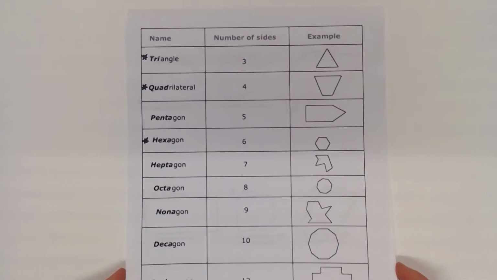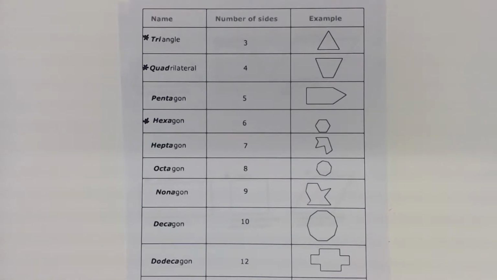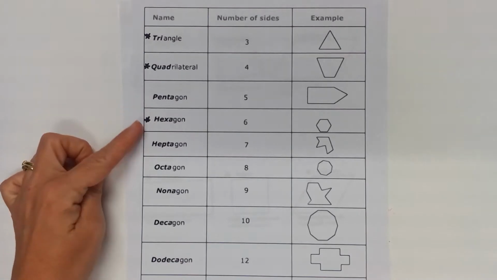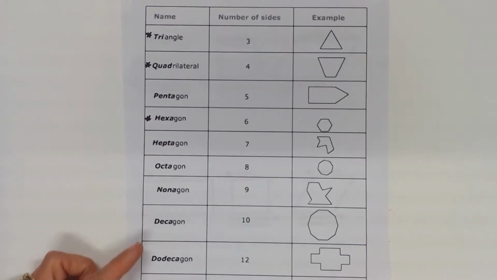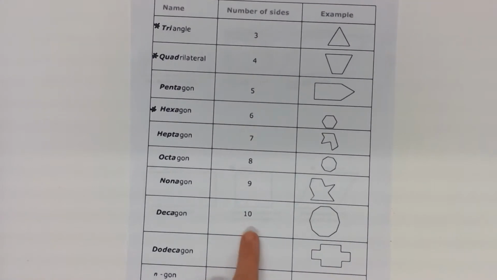In second grade, they learn all shapes that are 12 sides or less that are polygons. This is a really brief chart that shows you all the shapes that they're going to need to know: triangle, quadrilateral, pentagon, hexagon, heptagon, octagon, nonagon, decagon, dodecagon, and an undecagon if we were going even further. They do still need to know 11.